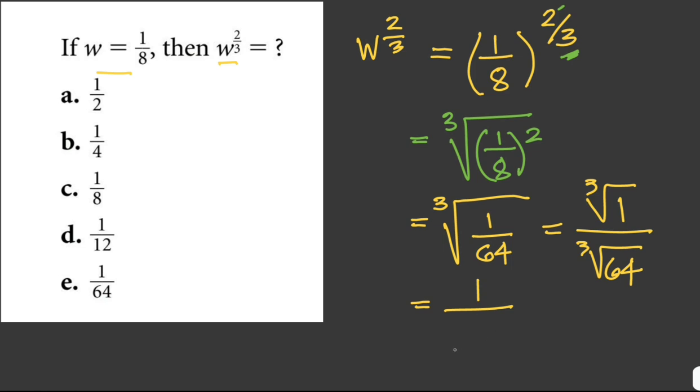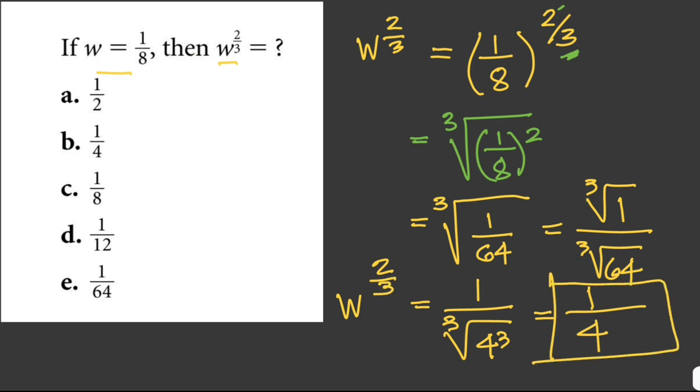Then the cube root of 64: 64 can be written as 4 cubed. Therefore, the cube root of 4 cubed is just equal to 4. So W to the 2/3 is just equal to 1/4. Therefore, the answer here is letter B.